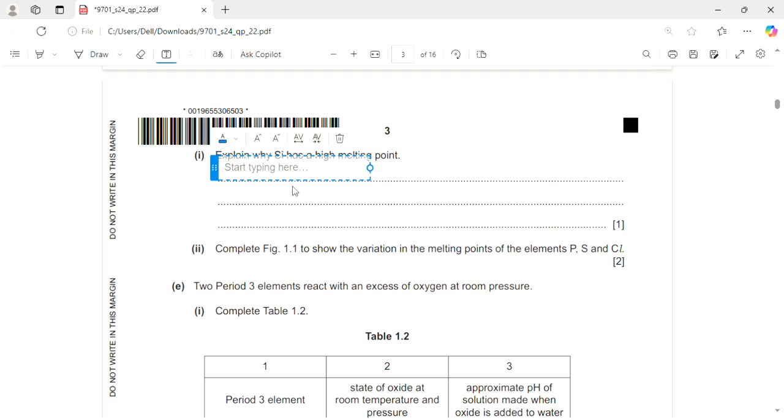It means silicon, Si, has a giant covalent structure.